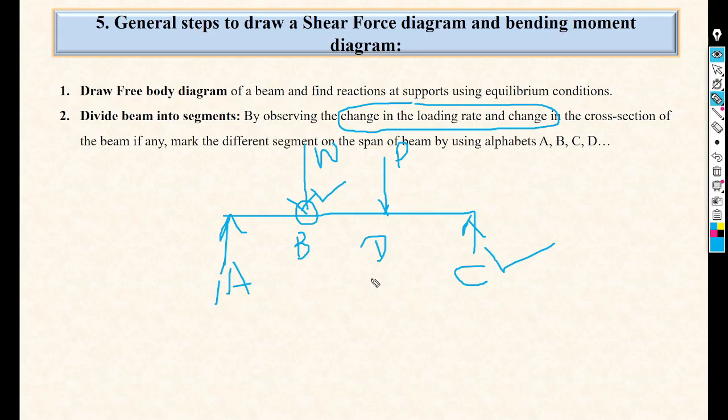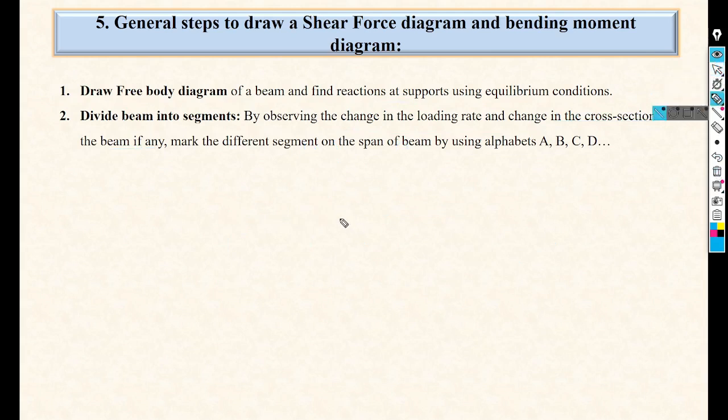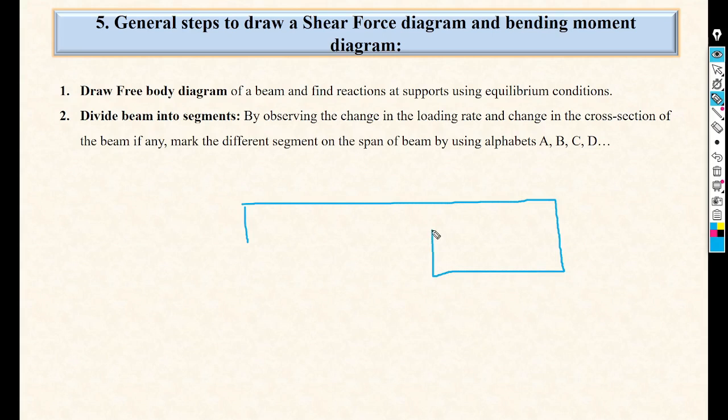Now next point is what? In the cross section of the beam. In the cross section of the beam means what? Suppose the different cross sections are given for the beam. Let's say this is our beam, okay, and these two cross sections are given. Here we can see the depth of beam is different, let's say D1. Okay, and at this position depth of beam is different, let's say D2.